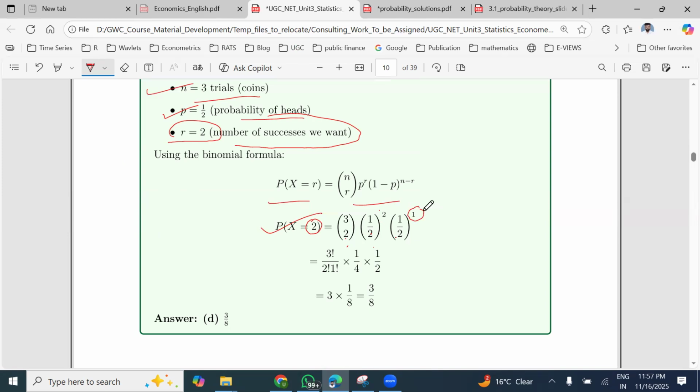Yes, sir. We just have to find out whether it is binomial or Poisson, or which type of probability distribution it is. So 3 factorial upon 2 factorial into 1 factorial, into 1 by 4 into 1 by 2. So it is 3 by 8.